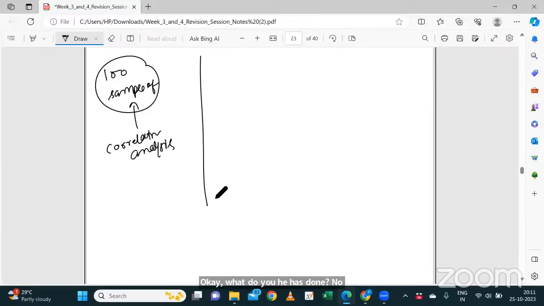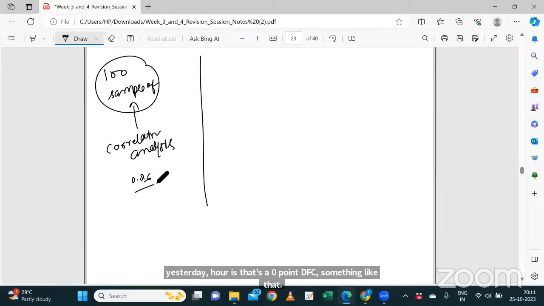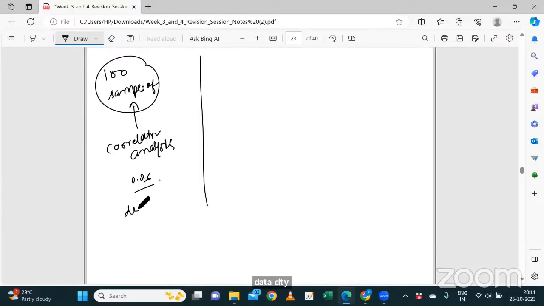He had a data set of 100 students and did correlation analysis, like correlation between marks and studying hours is 0.86. He has described his data set, and he stopped here. This is called descriptive.